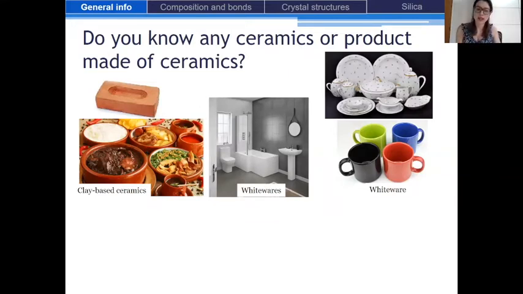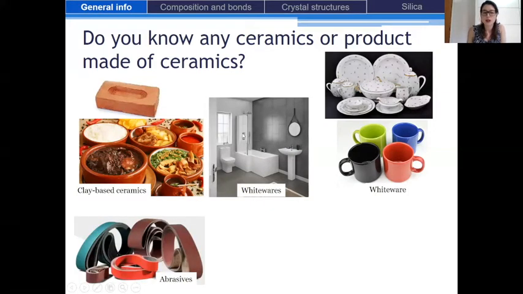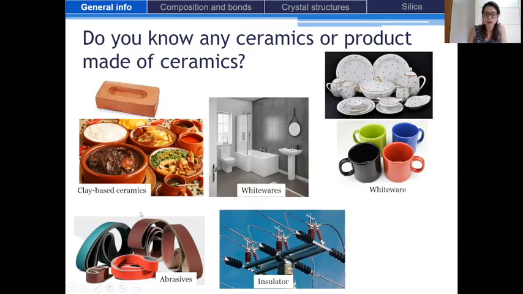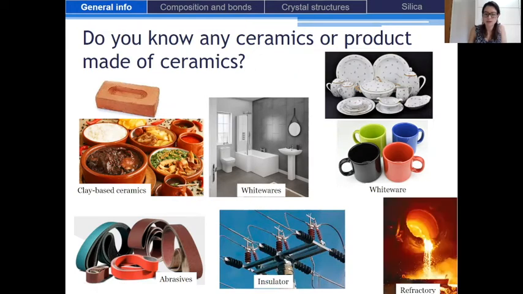We find ceramic in whitewares, so either toilets or your cup of coffee, and some of the tableware. They are used for creating abrasive material, in insulators for electric applications, and also refractory ceramics are used.